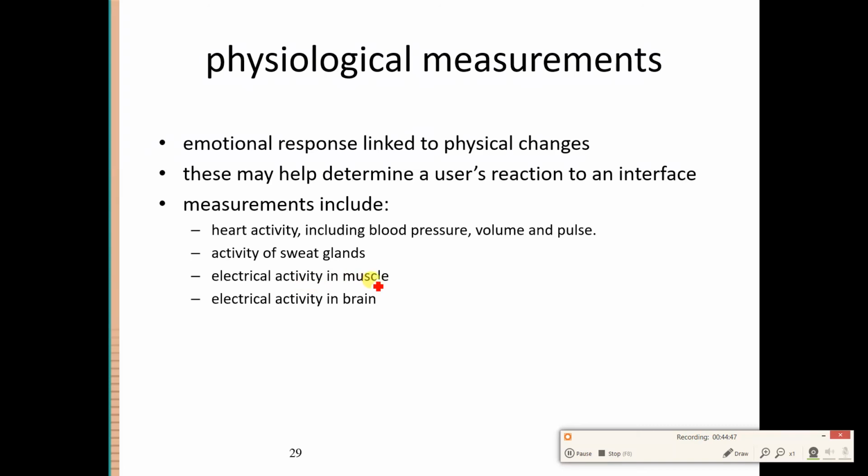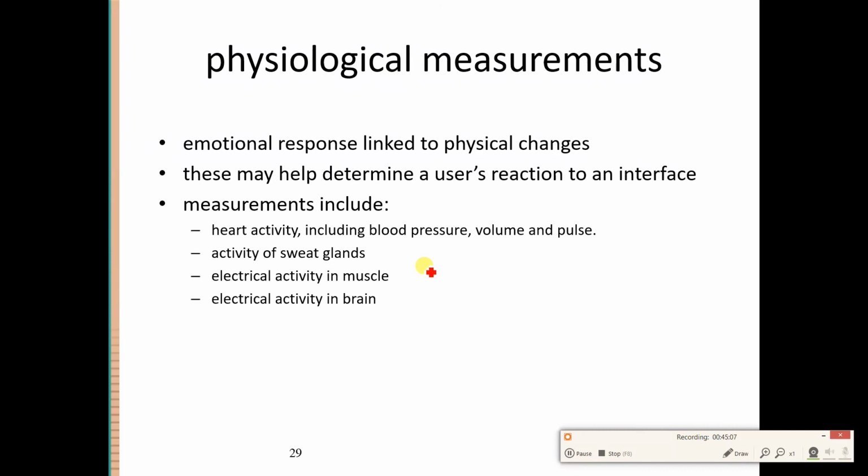Electrical activity in the muscles, especially in systems designed for medical use. We can measure muscle activity, maybe where some kind of physiotherapy is used to measure the performance of the user.